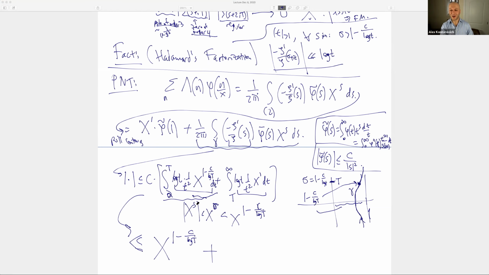There's some constant amount that you don't bother with. And what about this integral? I have an x^1 that I can't do anything about, but now I have a 1 over t² starting from T. So that gives me a 1 over T, really times T^ε, or log T, but never mind. Forget about this.